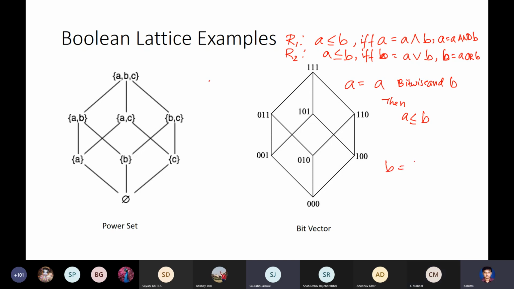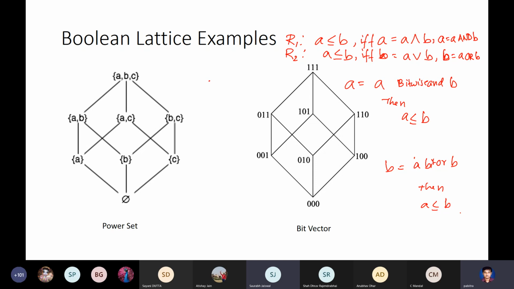Then this is another relation I am defining. Does this relation hold in this lattice? Yes, sir. So these two relations are equivalent. Under both these relations, these are Boolean lattices.